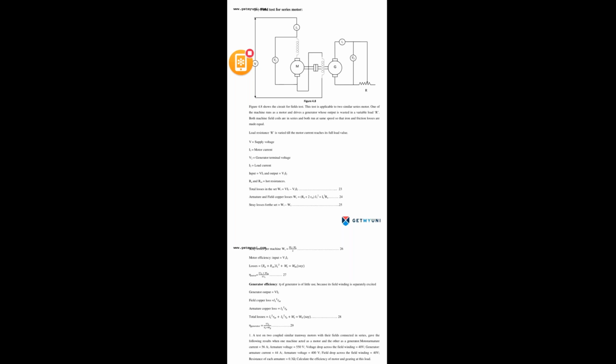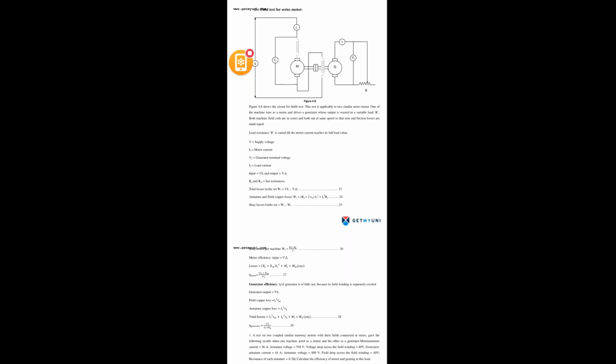But for practical purposes in laboratories, we can conduct this efficiency test by using this combination, that is the motor generator test. Now in this test, we get the stray losses as Wt minus Wc. So these are the stray losses for both machines, that is the combination of motor and generator. Now we need to find the individual losses, so we have to divide by 2.